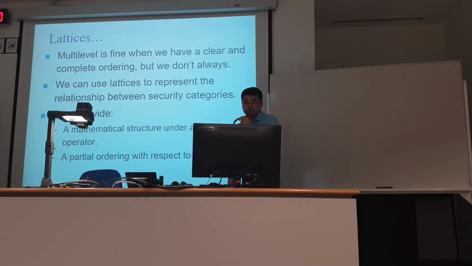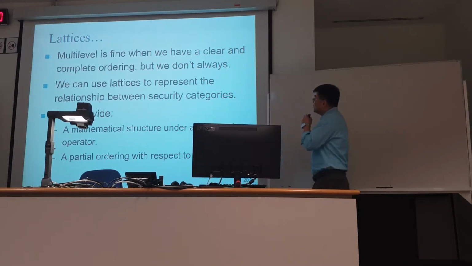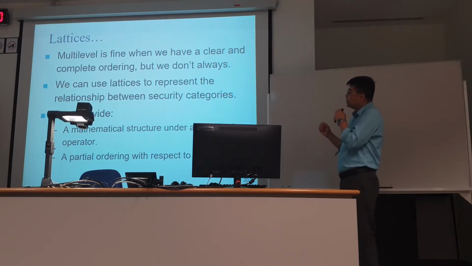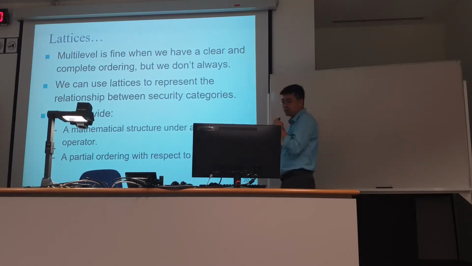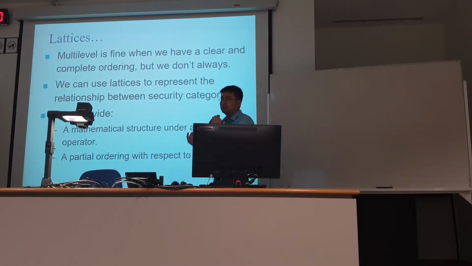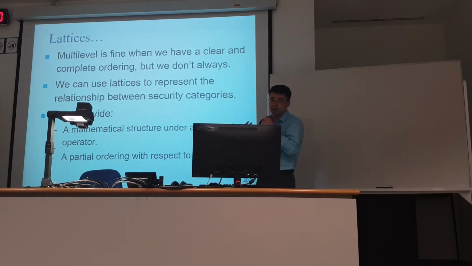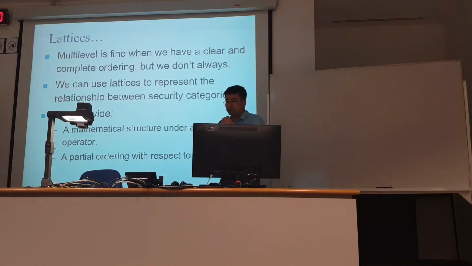In the BLP model, we have a clear ordering for the levels. But for lattice, this ordering becomes less straightforward. So in this case, we need to define something called a partial order. If we consider the level across multiple dimensions, which one is high and which one is low?